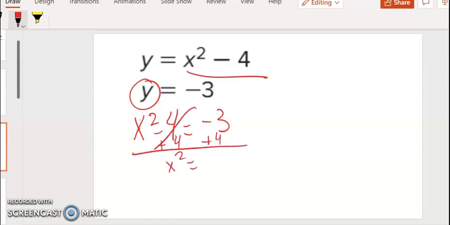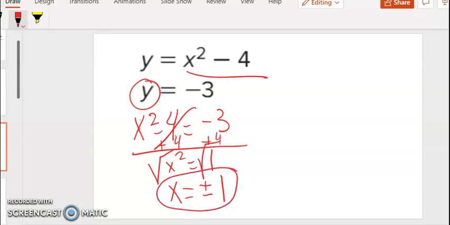It gives me x squared is 1. Because I have an x squared term and I needed to find x, I will take the square root of both sides. Now remember, when you take the square root of both sides to solve, it's plus minus 1. So my x values are positive 1 and negative 1.